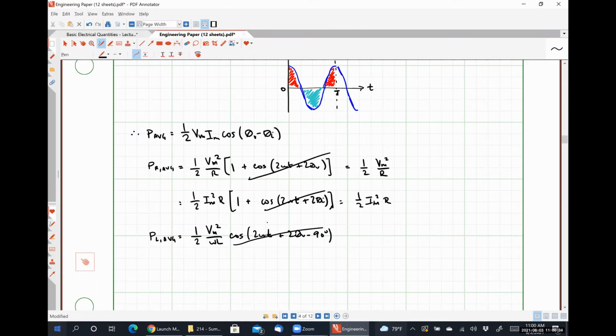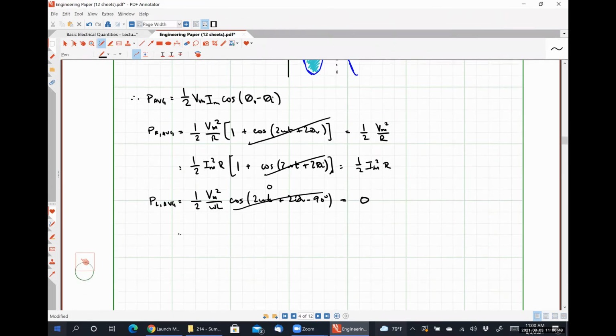This cosine term goes to 0, which means we have 1/2 VM squared over omega L times 0, equal to 0. Similarly, 1/2 IM squared times omega L cosine of twice omega t plus twice theta I plus 90 degrees. The AC term is 0, and since the power absorbed by an inductor is all an AC term, the average is 0.